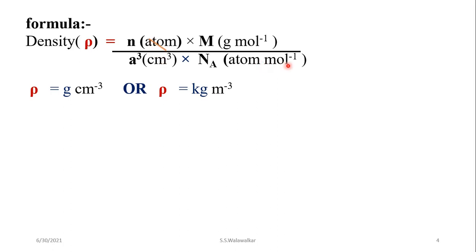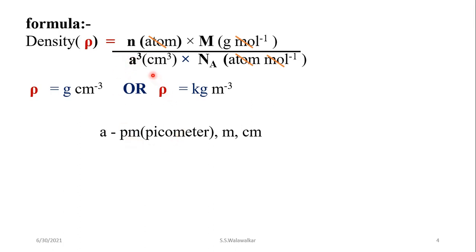Now atom cancels, per mole cancels. What remains is gram per centimeter cube. Therefore the unit of density is gram per centimeter cube, so that you have to remember. Generally the edge length is given, that is a is expressed in picometer.